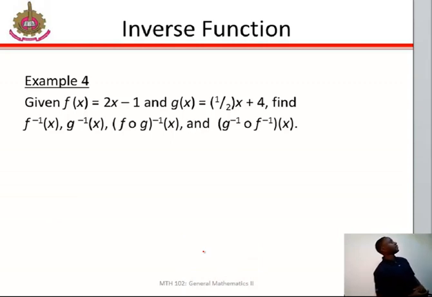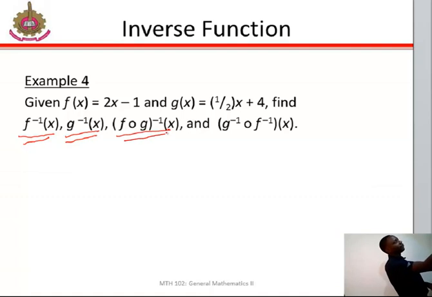Given f of x equals 2x minus 1 and g of x equals 1 over 2x plus 4, find f inverse of x, g inverse of x, f compose g inverse of x, and g inverse compose f inverse of x.